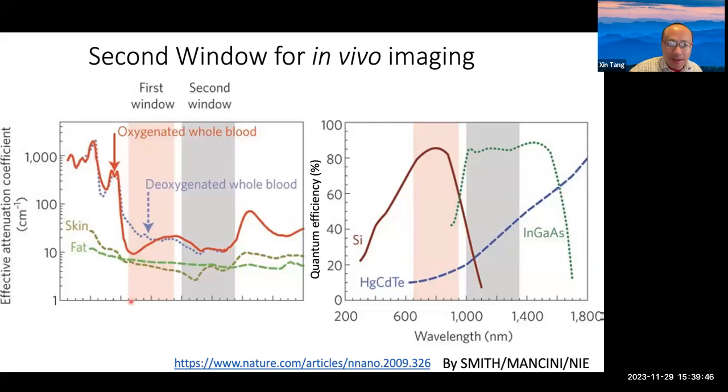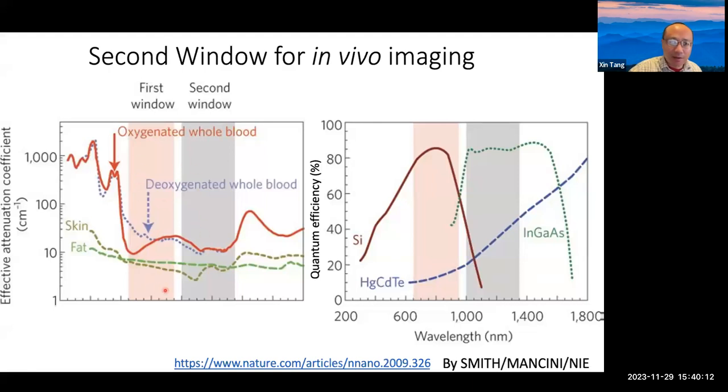When the wavelength goes beyond 600, in this region, the attenuation becomes much lower. Here they show different materials, right? Oxygenated and deoxygenated blood, which we have a lot of in the body, and also skin and fat. All those things combined together become our tissue, right?